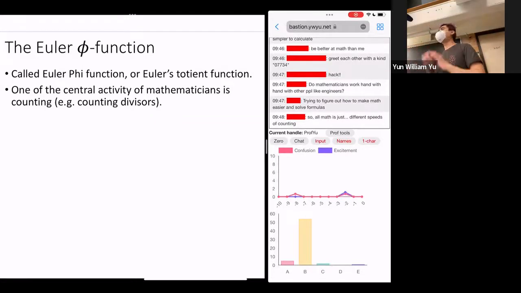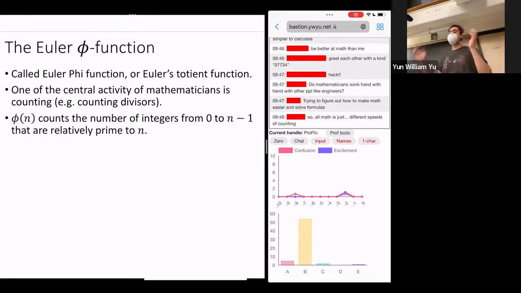But for this case, the number theorists are not as interested in counting big numbers. They're interested in counting how many of a certain object there are. And so Euler, one of the things he wanted to count is how many numbers are relatively prime to a particular number.